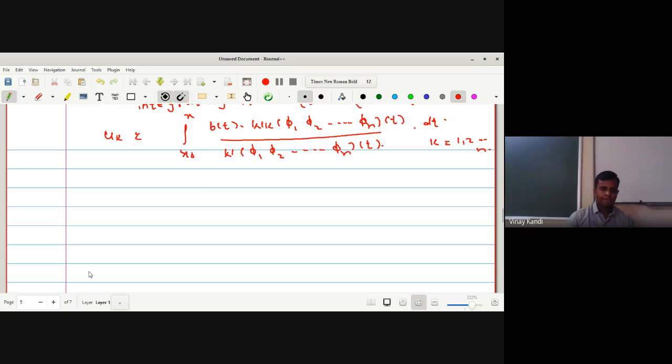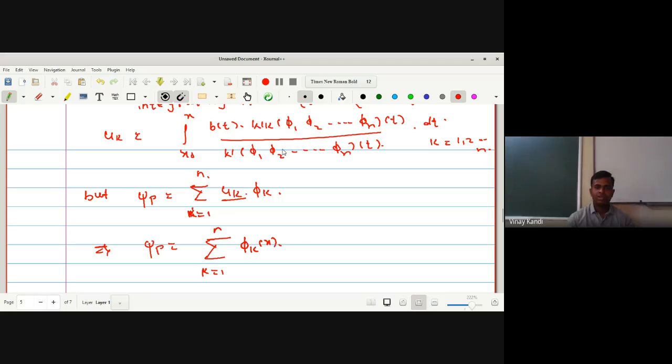The value of psi p is nothing but summation k running from 1 to n uk into phi k. Okay, variable changeable phi k. It implies psi p is equal to summation k running from 1 to n, this is phi k of x as it is.